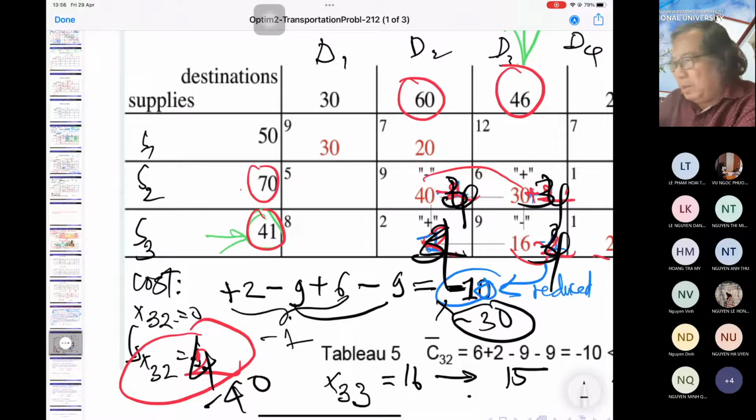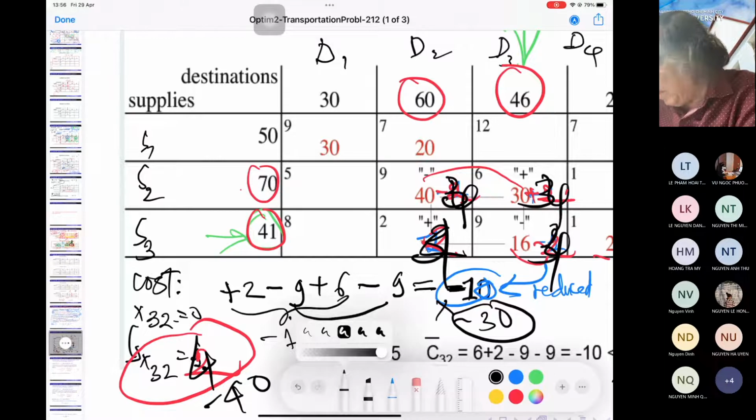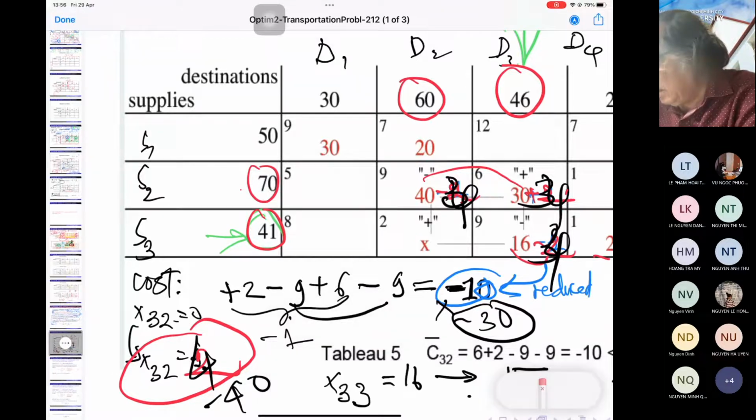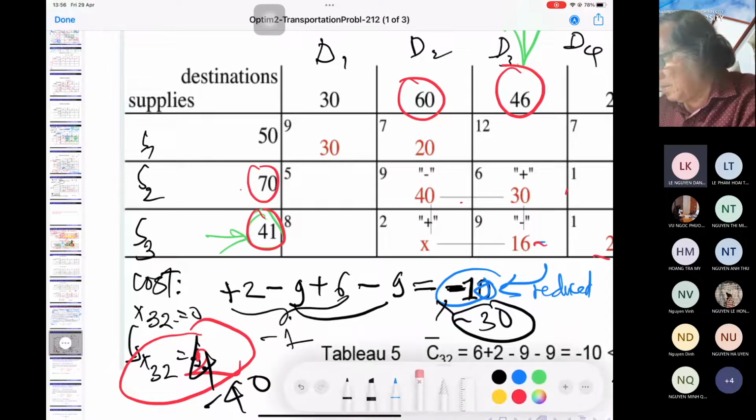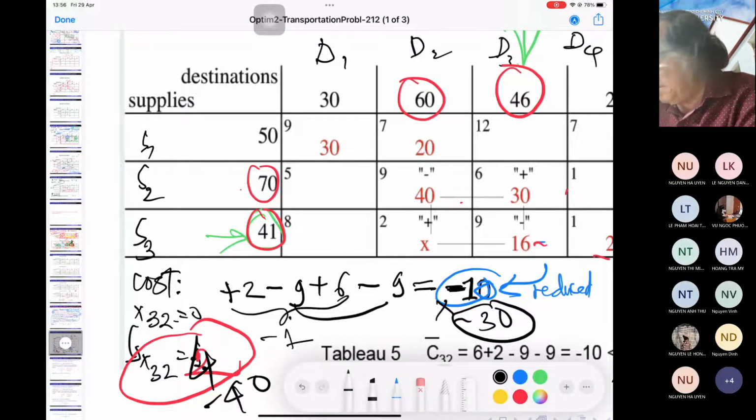But in this case, how much? What is the maximum that we can move? We can increase x32 here. What is the maximum we should move to this? I think we can move 16.